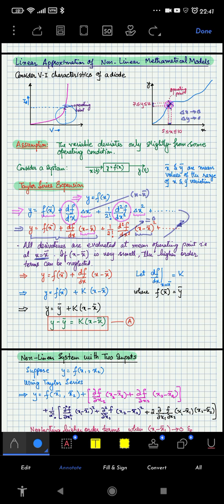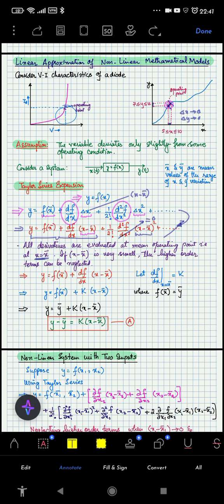Also, we have another equation here on our right side, a graph shown there. It has a curve on that graph. We will take an operating point from 5 to 10 in the x direction, and in the y direction from 7 to 12.